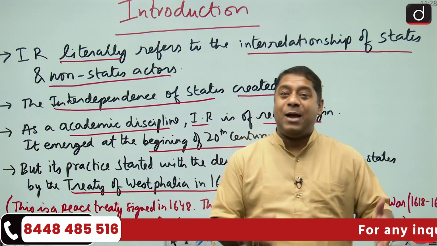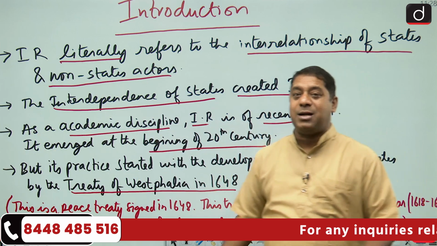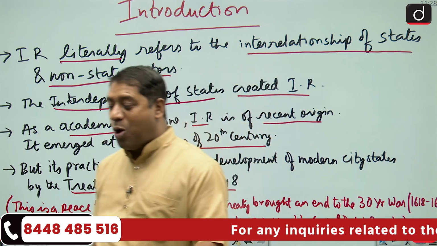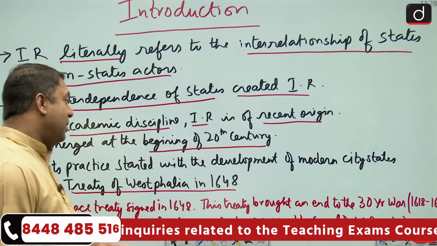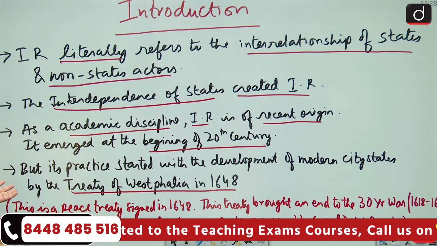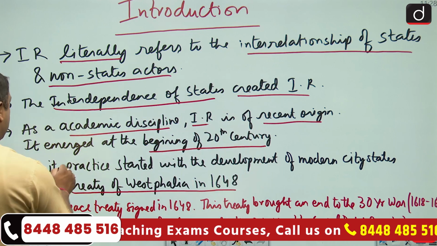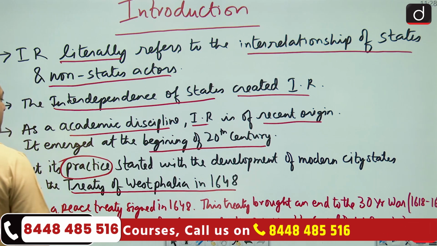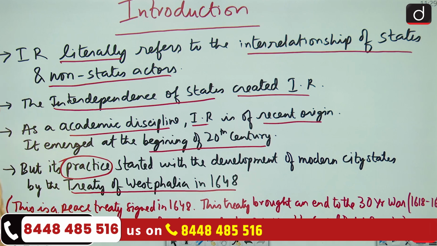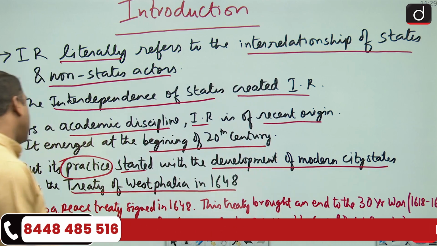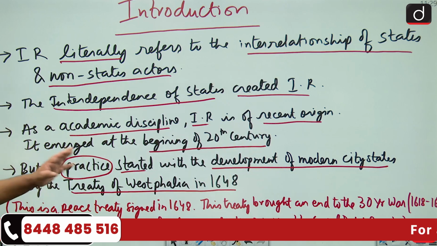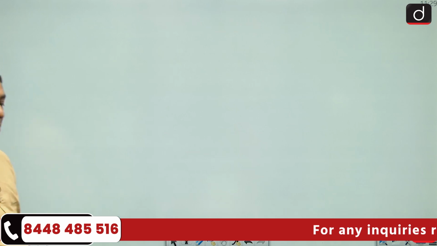Because that was the time when the Second World War had started, or was going to start. Okay? But when we talk about practice, its practice started with the development of modern city-states by the Treaty of Westphalia in 1648. Did everyone write it down? Very good.